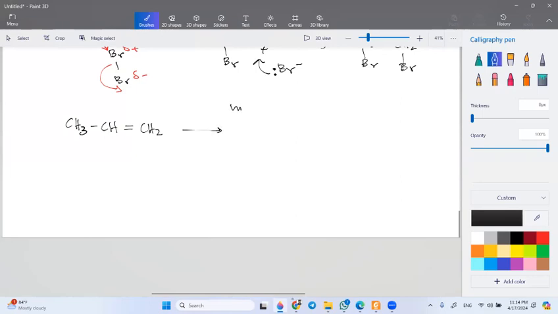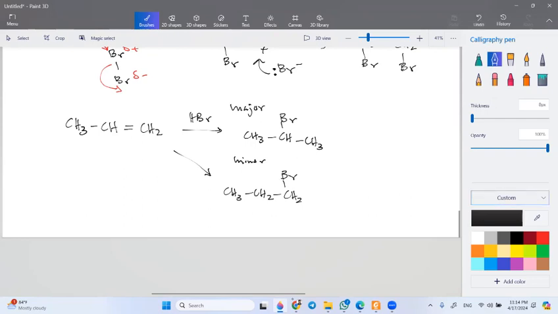If I add HBr, the major product would be Br attached to the carbon atom with less hydrogen, and the minor product would be the other way around, CH3CH2CH2Br.